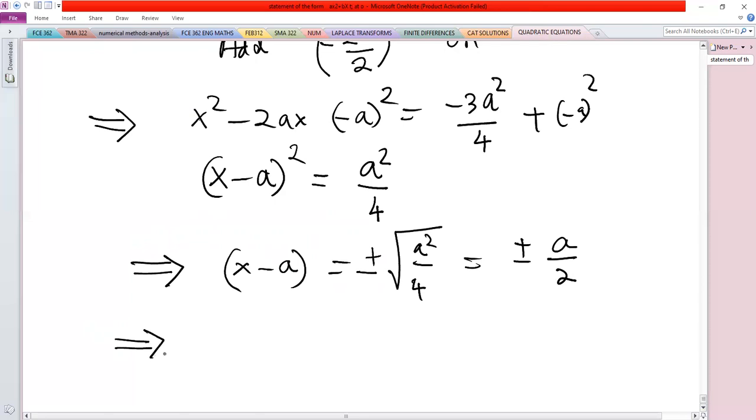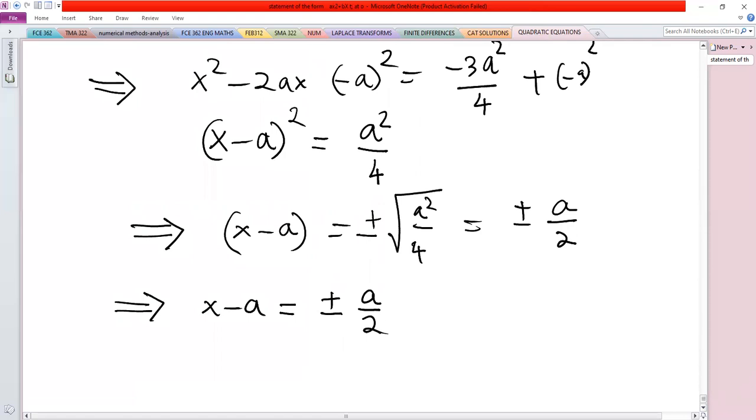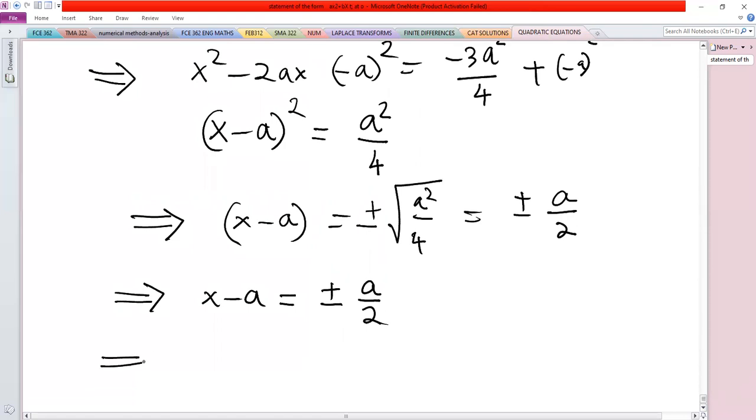Now this means x minus a is equal to plus or minus a over 2, which means x is a plus or minus a over 2.